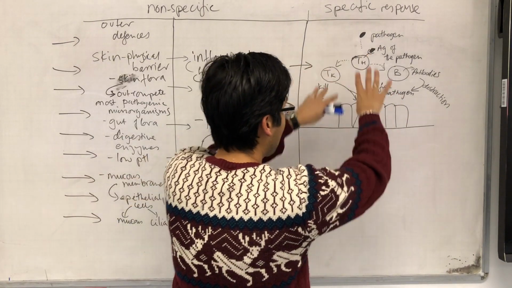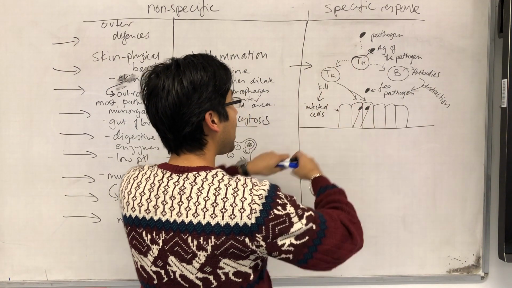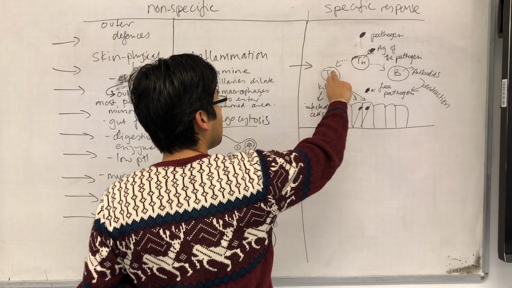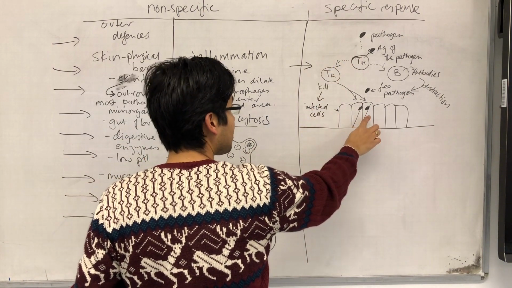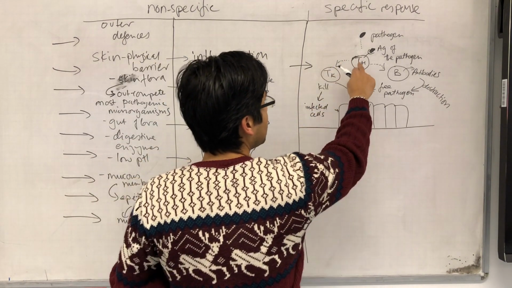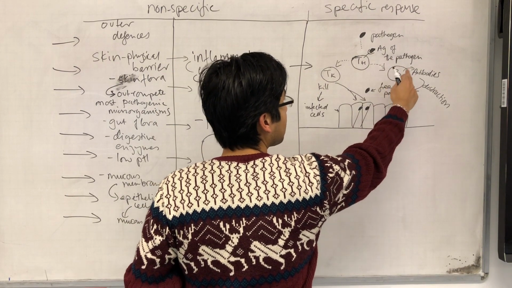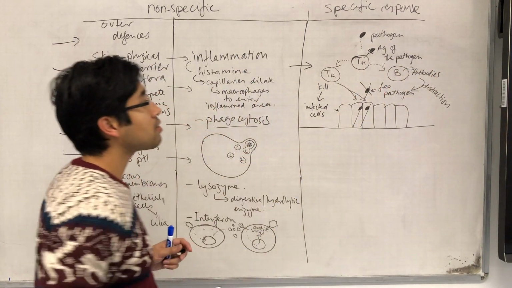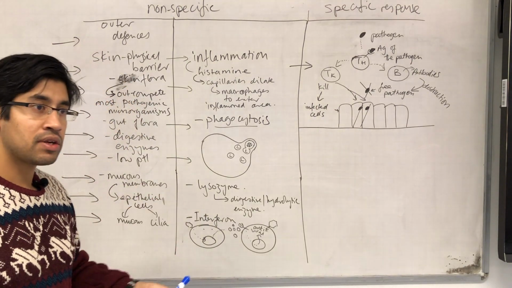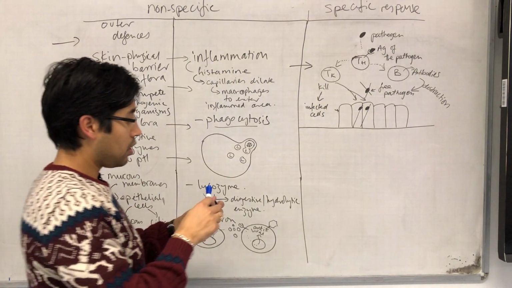So if everything happens according to plan, the T helper cells result in the production of T killer cells which kill infected cells. The T helper cells also activate B cells that make antibodies that cause the free pathogen to be destroyed. Infection removed. Okay?